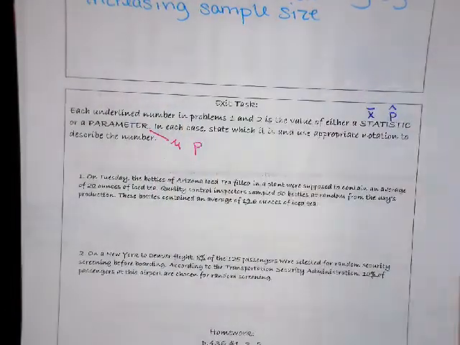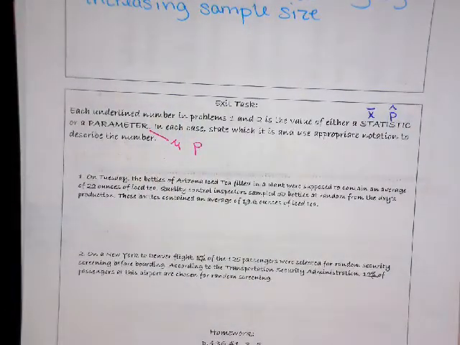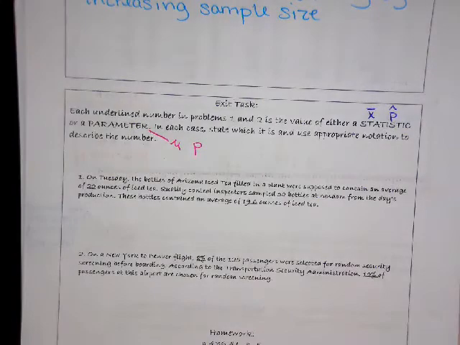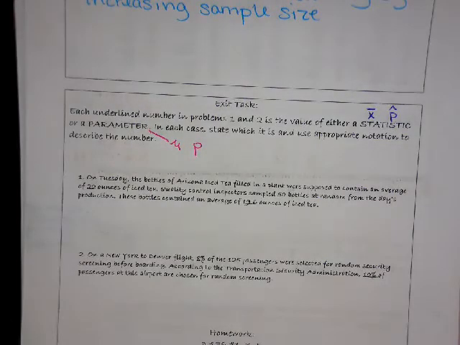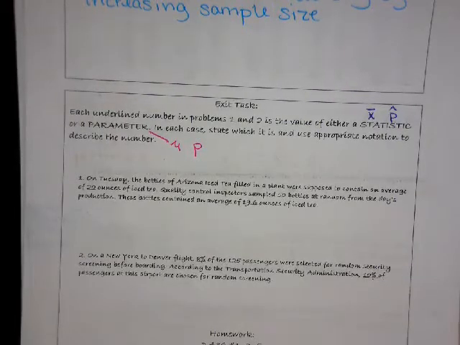So number one says, on Tuesday, the bottles of Arizona iced tea filled in a plant were supposed to contain an average of 20 ounces of iced tea. Quality control inspectors sampled 50 bottles at random from the day's production. These bottles contained an average of 19.6 ounces of iced tea.